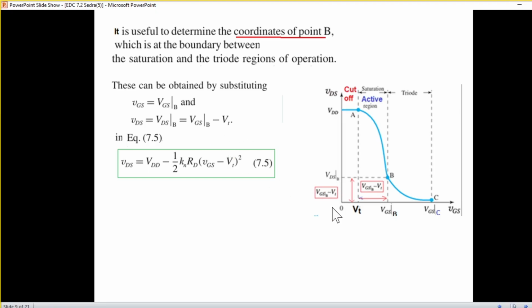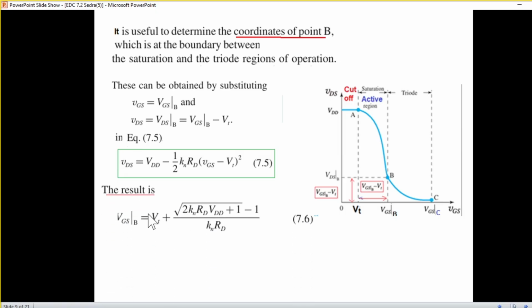Also, VDSB is equal to VGSB minus VT. We have mentioned that this and this have to be equal, and this length is VGSB minus VT. So we are subtracting VT, and the same value here. Now we'll plug this into the 7.5 equation that we calculated in the last slide to get the actual value of VDS for the circuit.